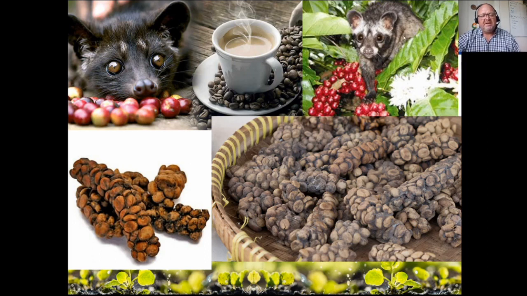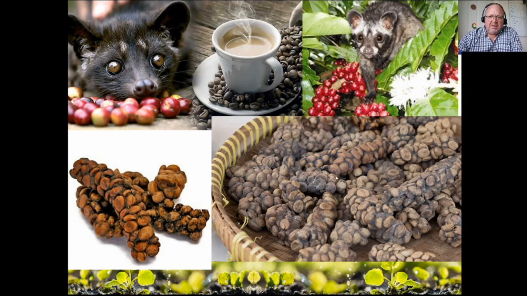It's a family of the cat family, and it's a little animal that lives in the rainforests of Malaysia and Indonesia. And the people walk around, and the cat will eat the berries of the coffee plant, and then they poop it out. And you can see here all the coffee beans contained in the poop.